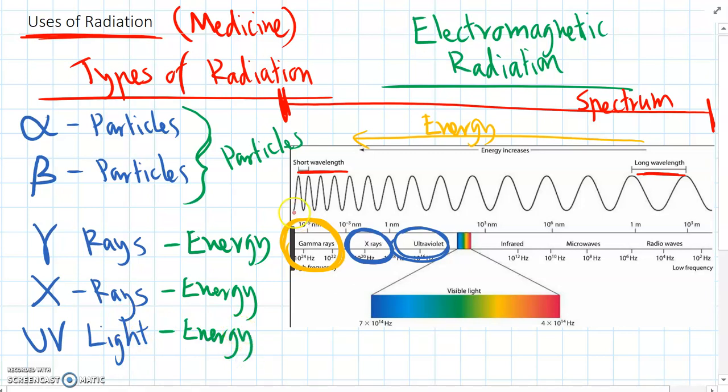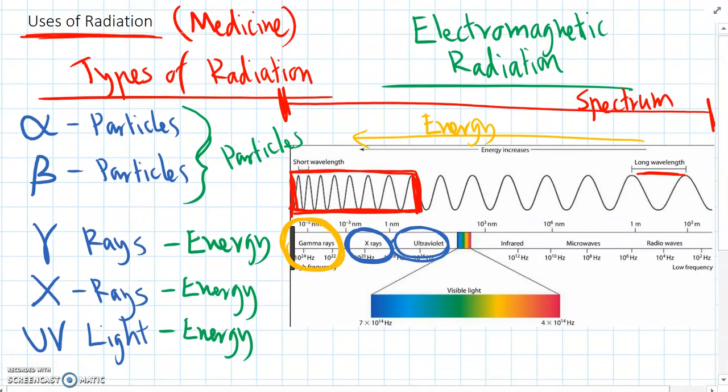So the main region we're looking at in this video is the short wavelength radiation, because it's that high energy that can do a lot of useful things for us when we design technologies.